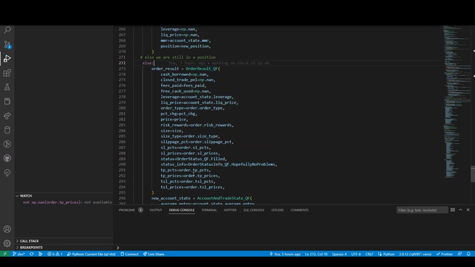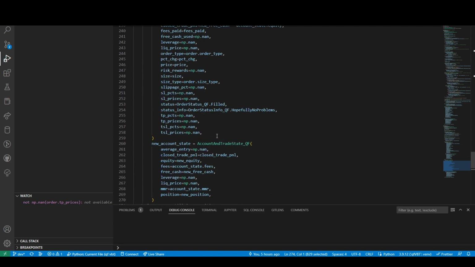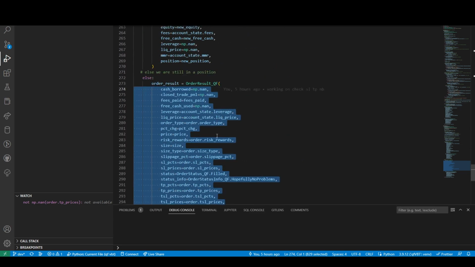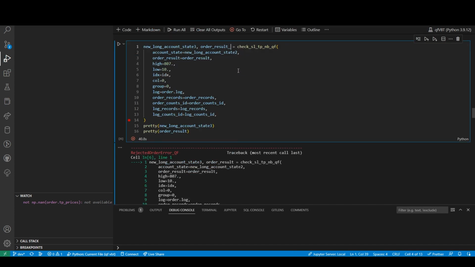The order result just returns all the same information. Oh my god, this is so messy. Is this actually messy, or is this what has to happen?